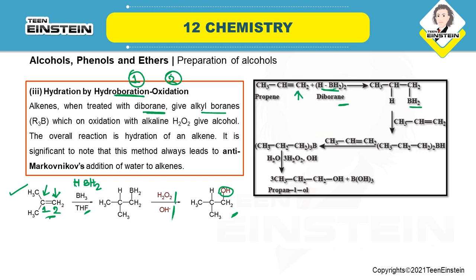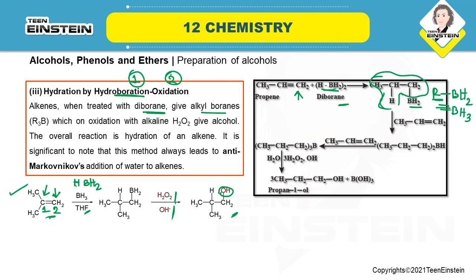In the second case, see this compound, it can behave as RBH2. RBH2 is also equivalent to BH3, where the R group you can compare with hydrogen. Just as you added BH3 to the C=C double bond, you can also add RBH2 to the C=C double bond.